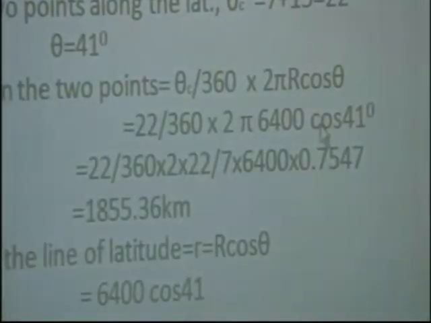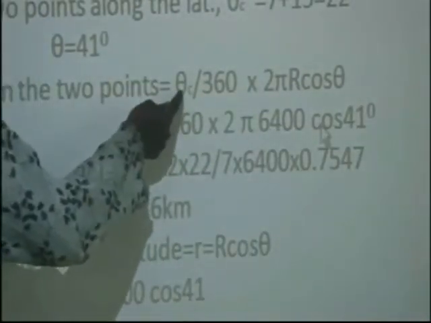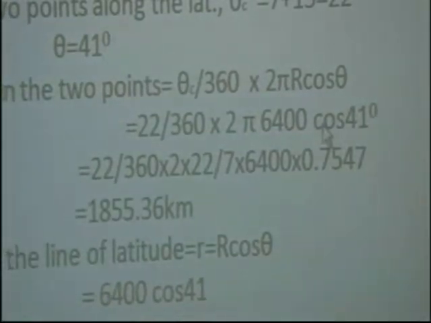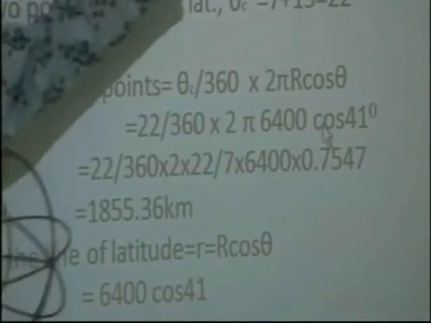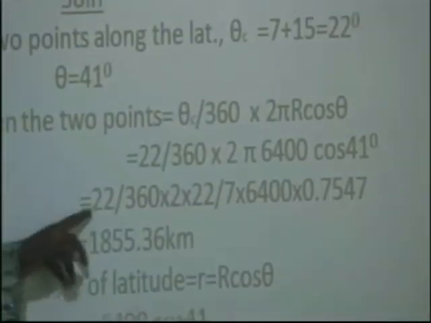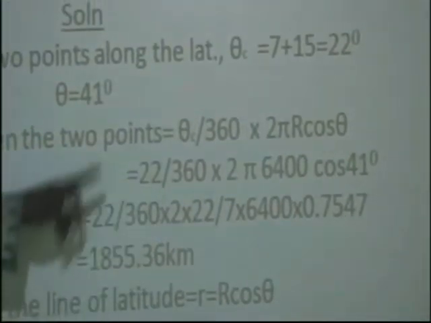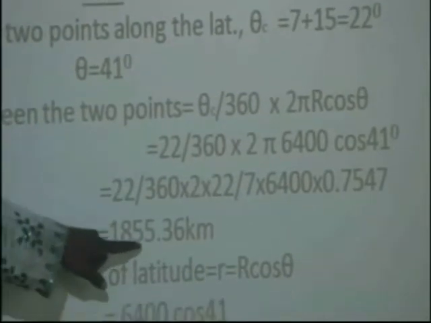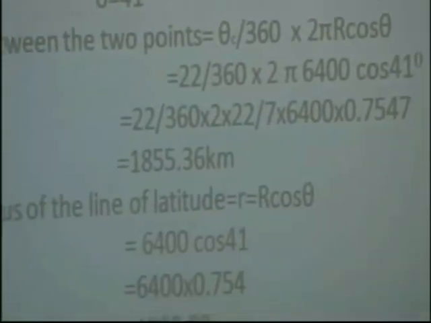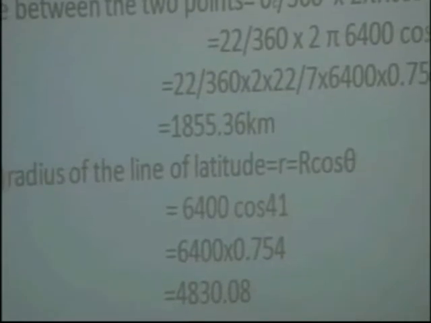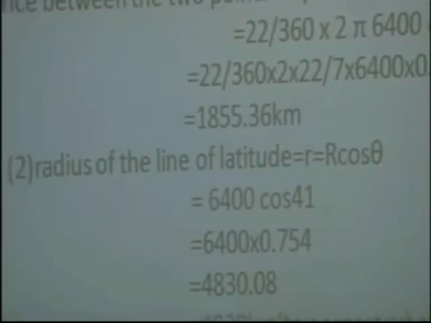Cos 41, because the second theta is the latitude, while the first is the angle between the two points. The angle between the two points is 7 plus 15 because they are on opposite sides. So we have 22 over 360 times that. By the time you complete your calculation, you get 1853.36. How do you get the radius of the line of latitude?